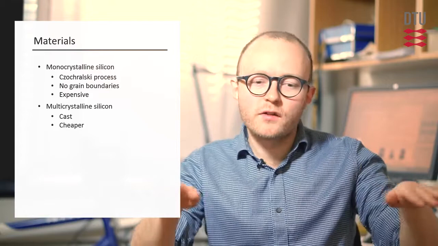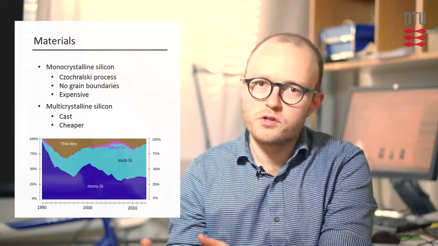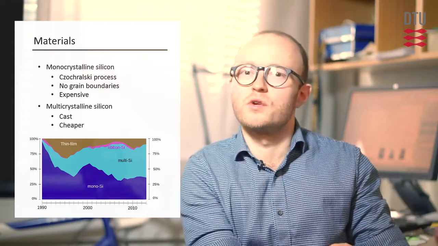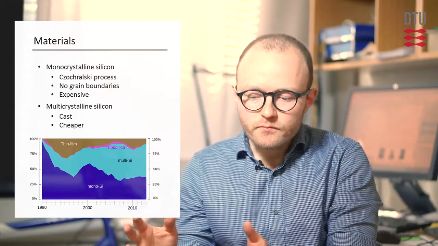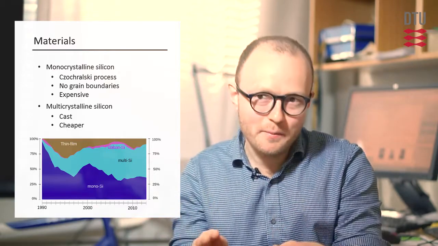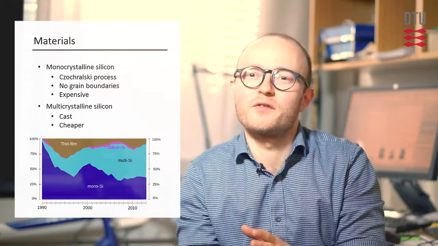The only reason that they're both still in the market today, multicrystalline representing about 70% of the global market and monocrystalline about 25%, is that their price in terms of dollar per kilowatt hour is almost the same, roughly. If it weren't so, probably one of them would have gone out of the market already.